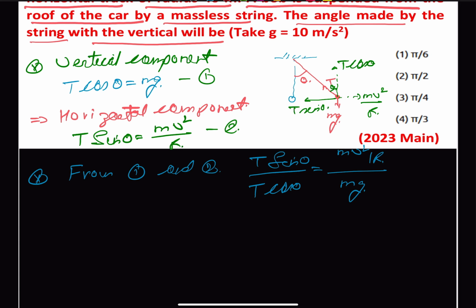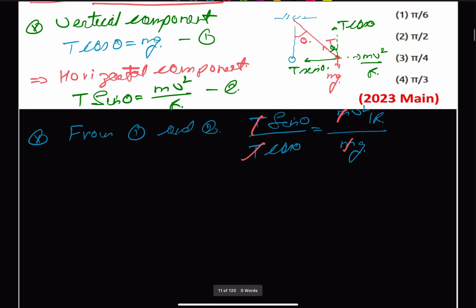This T, m and m cancel out, and this gives us tan theta will be equal to v square divided by rg.